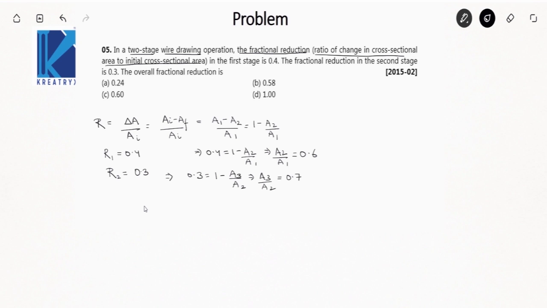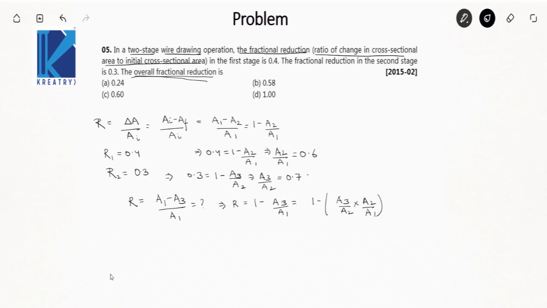Now what they are asking is the overall fractional reduction. R equals A1 minus A3 divided by A1, which can be written as 1 minus A3 by A1, which can be further written as 1 minus A3 by A2 into A2 by A1.